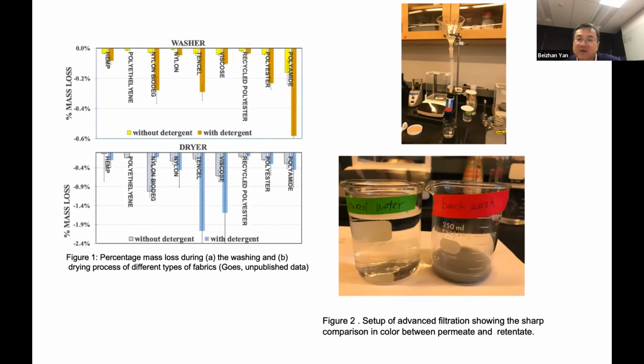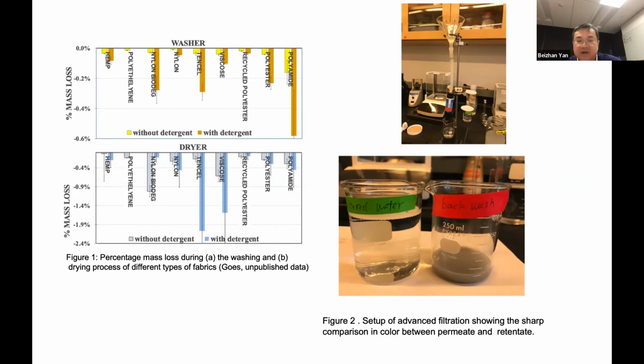So we developed this advanced technique, called tangential flow filtration, using filters that can basically remove particles down to 0.2 microns, which is 200 nanometers. Any particles above 200 nanometers will be retained in the filter.